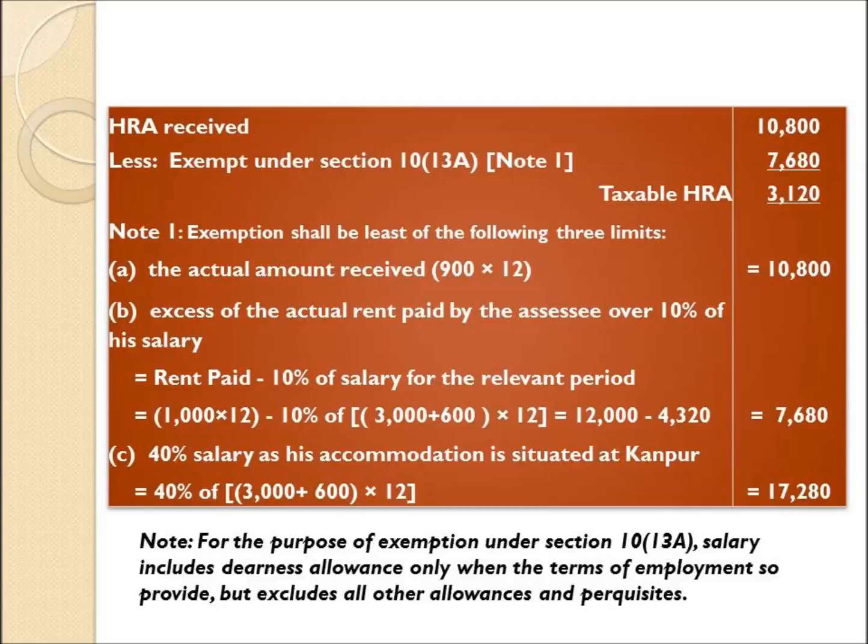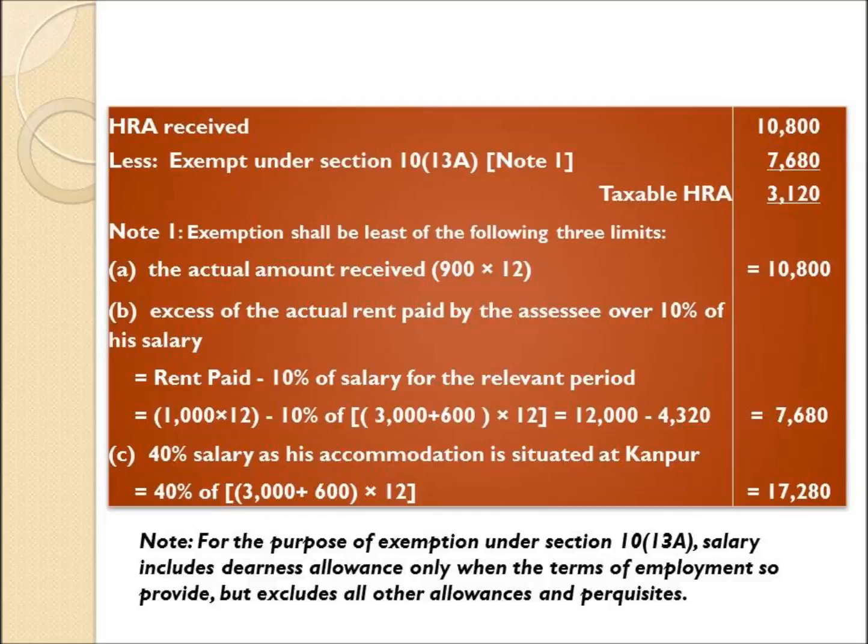You just need to remember these three conditions. And you just have to remember one more thing, that is salary will include only and only DA, and that only if the terms of employment so provide, and it will exclude all other allowances and perquisites.